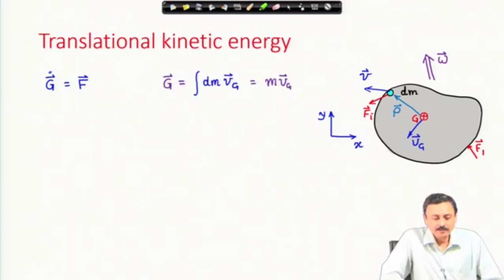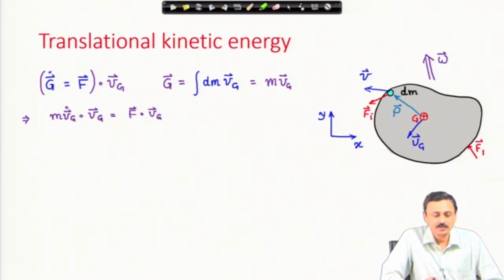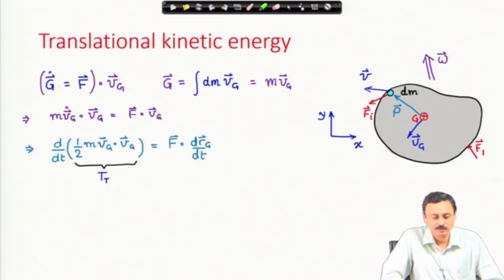Now, we have the translational dynamics. If I take the dot product of this translational dynamics with the velocity of the center of mass, then on my left hand side, I have mass times acceleration of the center of mass dot velocity of the center of mass, equal to, on the right hand side, force dot velocity of the center of mass.